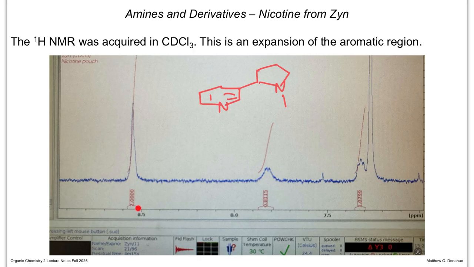And if we look at the numbers in red, that says 2, 1, and 1. This giant thing here, that's just from the solvent that it was dissolved in. But that does integrate to 4, and that's what we should see. These things here are just overlapping with one another.